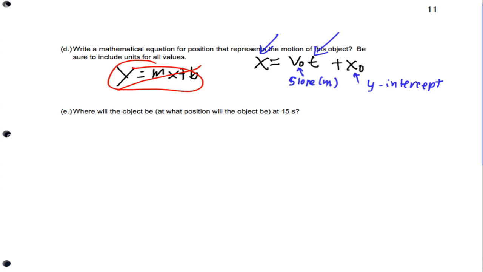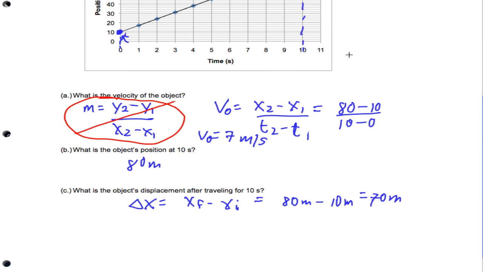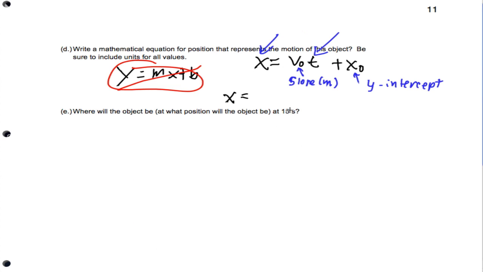So when we calculate this, we go to the previous page, and this is the slope, and there's the y-intercept right there. So let's put those into our formula. We end up getting x equals 7 times t plus 10. That's the formula. That is the answer you are expected to come up with.